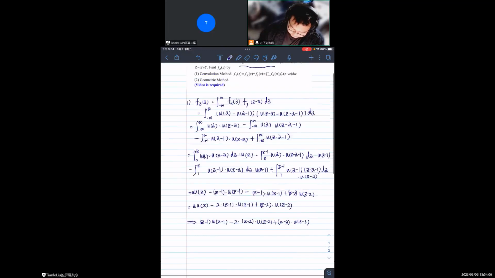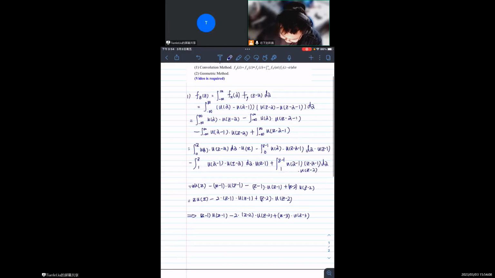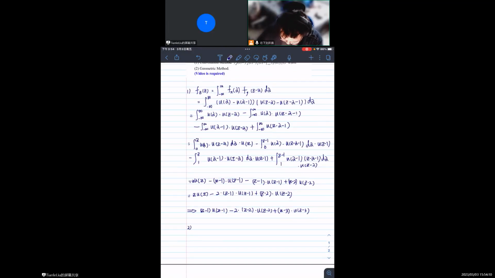And for the next, we need to do it with the geometric method. Based on the clue, we separate it into 3 parts. The first one is z less than or equal to 1, which means that the shaded area does not cover the entire square, if we're using the picture of the clue.